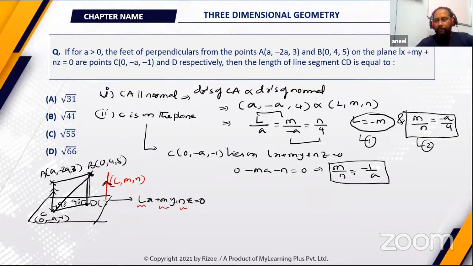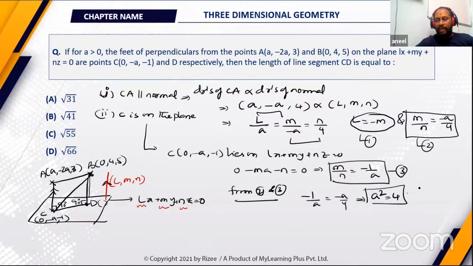Then from this, M by N is minus 1 by a. From equation 2, M by N is minus a by 4. So from 2 and 3, minus 1 by a is minus a by 4. So you get a squared is equal to 4, which yields a is 2 or a is minus 2. If you observe the question here, it specifically mentions that a is greater than 0.